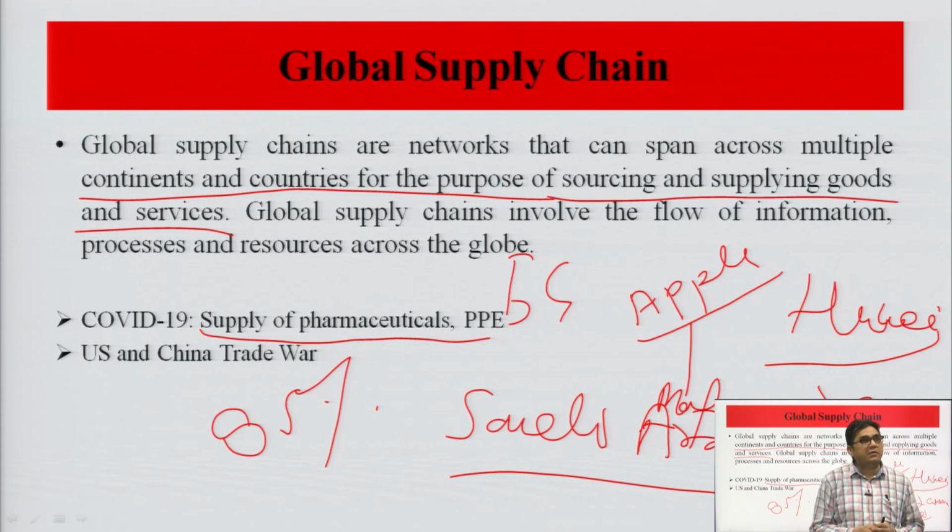So supply chain in today's global scenario is important, and companies with an international orientation need to develop a global supply chain and make it stronger, so that they are in a position to develop a strong business in this market.